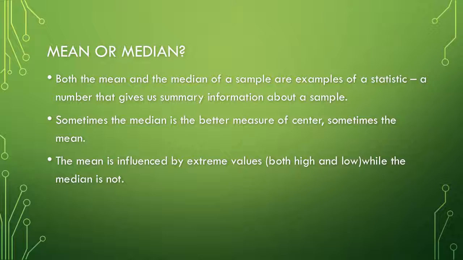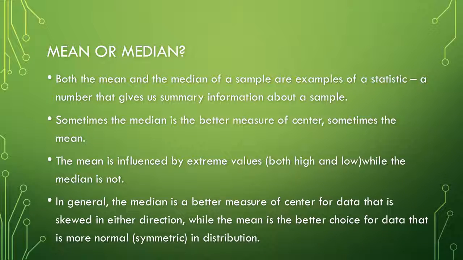So the mean is affected by extreme values that are separated and outside of the body of the data, which can give you a little bit of a distorted perspective on what the majority of people did on the class test.